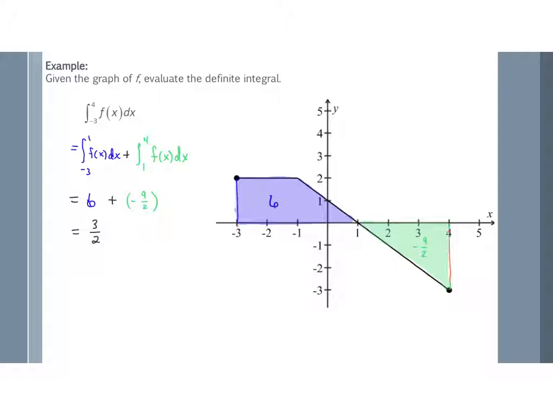And now we can think of integrals as accumulation of area. And so therefore, if we look at this function as it goes from -3 to 4, it accumulates an area of 6 plus negative 9/2, and we obtain 3/2. So it's not an area in the truest sense. It's an accumulation of signed areas, as it were.